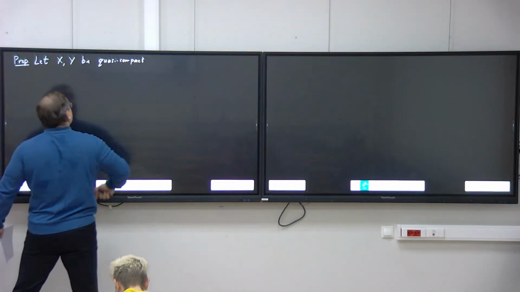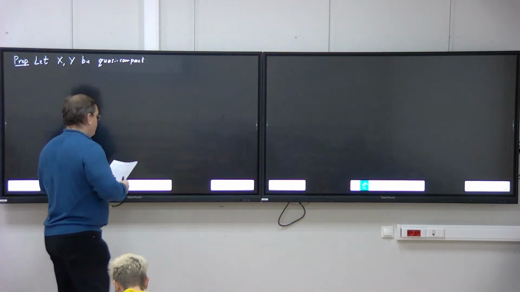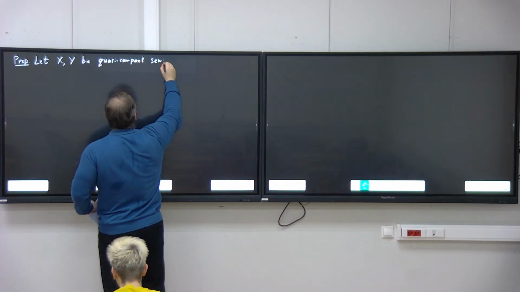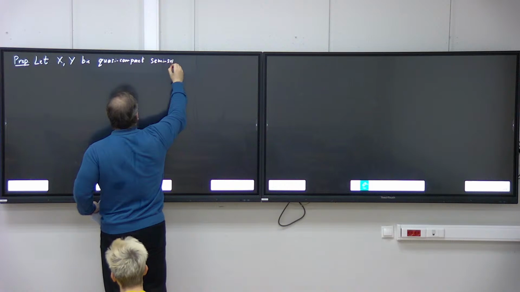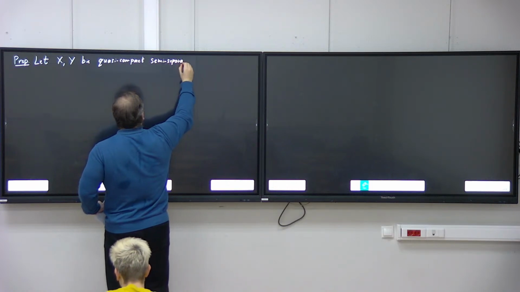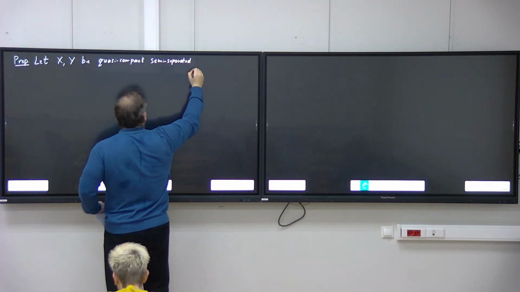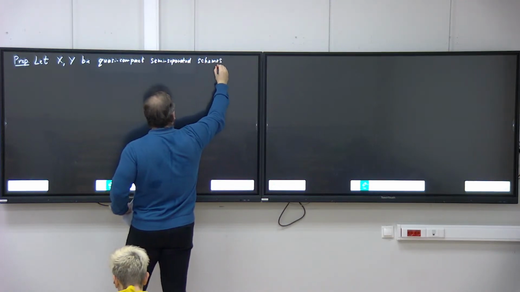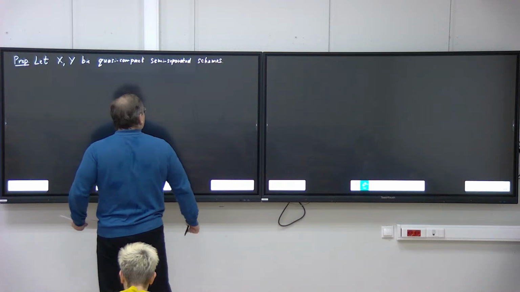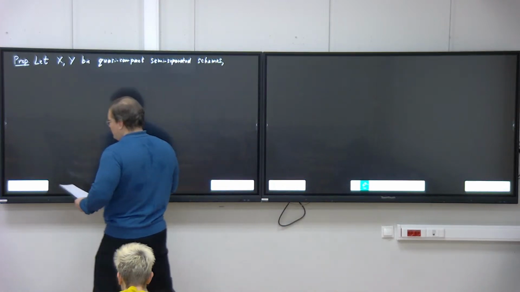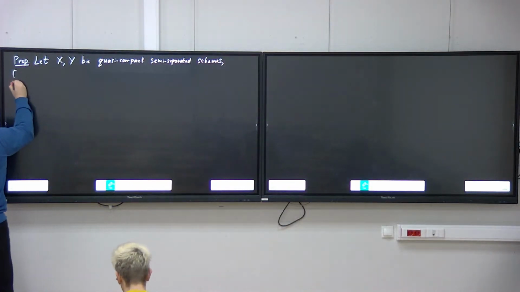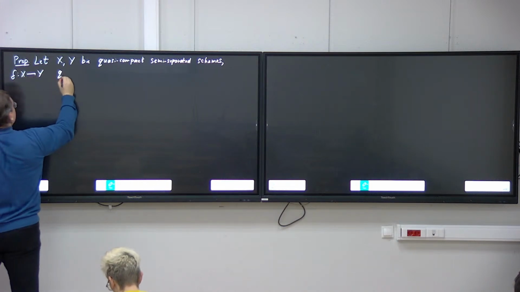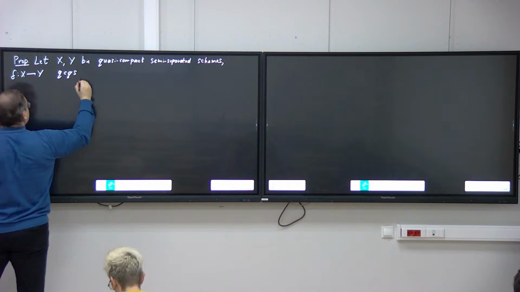But instead of the usual assumption that this is quasi-compact, I want to assume that it's semi-separated. Semi-separated schemes. And also, let's take f, the map from X to Y. This is quasi-compact, as usual, quasi-separated schemes.